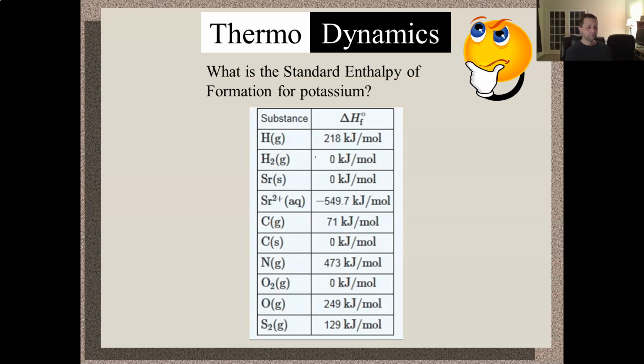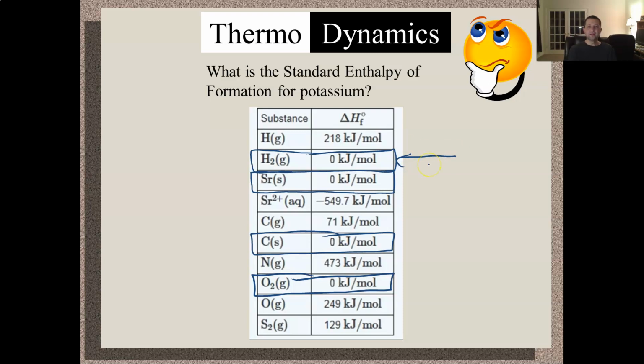But I want to point out here a little bit of a pattern. Let's look at H2 in the gas state. The standard enthalpy of formation is actually 0 kilojoules. Same thing with strontium solid. There's a couple other ones on here. Carbon solid, oxygen gas. All of those are 0 because look at what you notice about these. All of these are the element in their standard state under standard conditions. So hydrogen's enthalpy of formation, the energy required to create H2 gas, is 0 because it's there already.